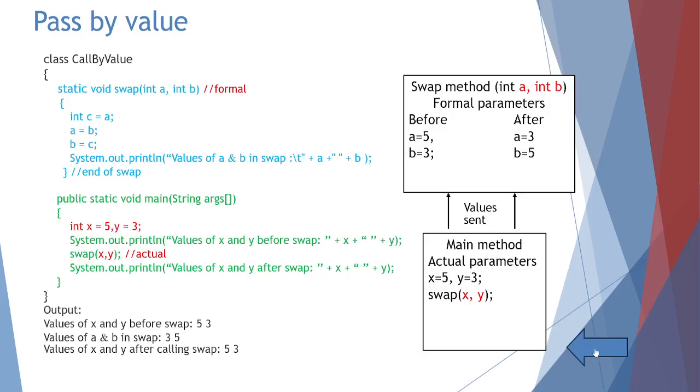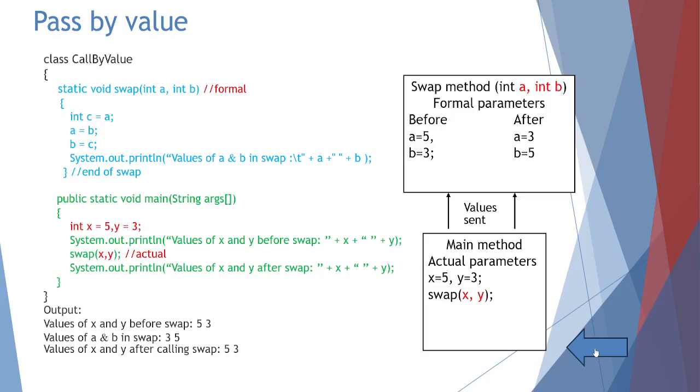Now System.out.println prints the values of a and b, because swap has three statements that change the values. Now a and b will contain 3 and 5 instead of 5 and 3. Look at the picture on this side. Main method, actual parameters are x is equal to 5, y is equal to 3.